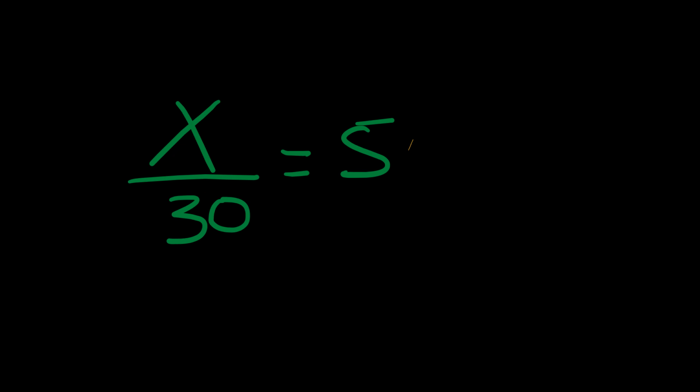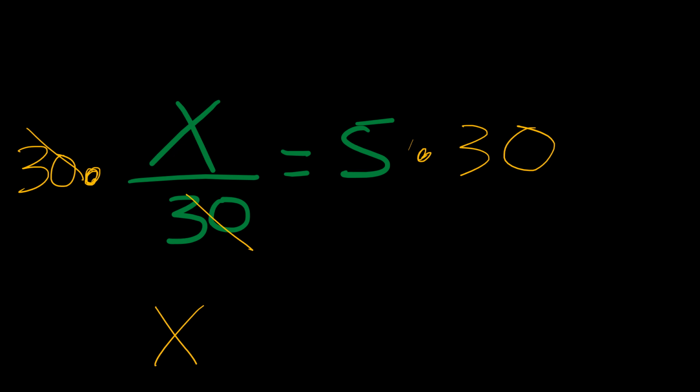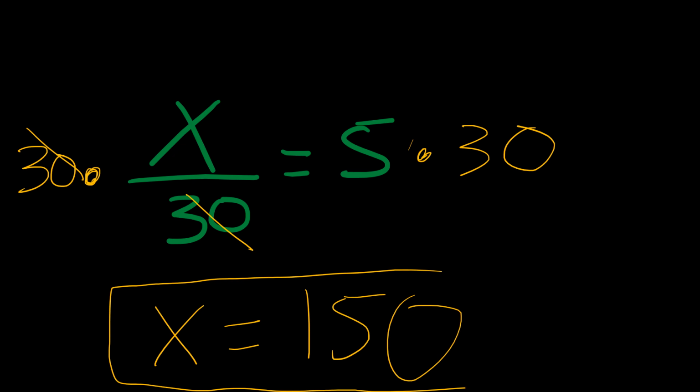We have to do the opposite of what the operator is telling us to do, right? We're dividing by 30, so now we have to multiply by 30. And if we multiply the left side by 30, we have to multiply the right side by 30. The 30s will cancel out, and we'll just be left with x. And then 5 times 30 is 150. So x equals 150.